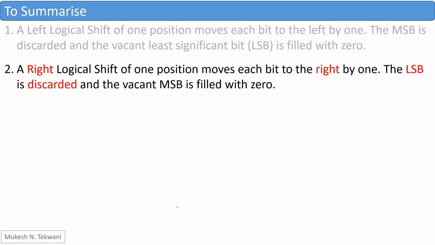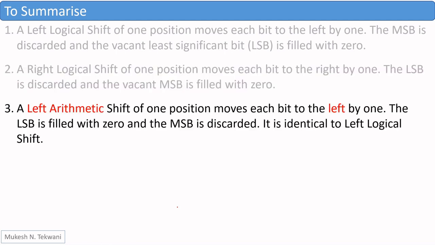Since we are moving to the right by 1, the least significant bit will be pushed away or lost, and the vacant most significant bit will be filled with a 0. A left arithmetic shift is identical to a normal left logical shift. A left arithmetic shift of one position will move each bit to the left by 1, the least significant bit will be filled with 0 and the most significant bit is discarded.